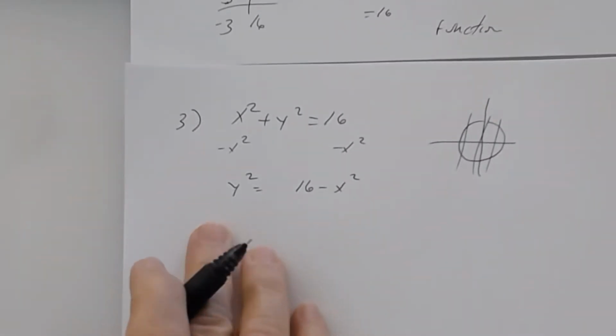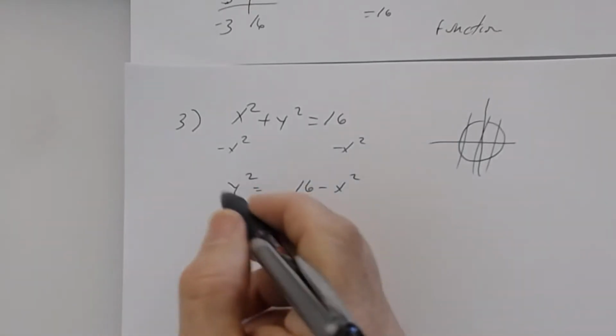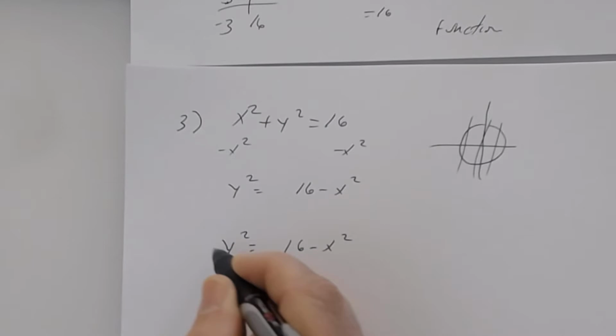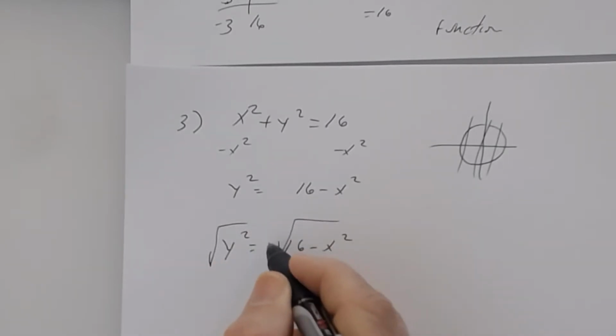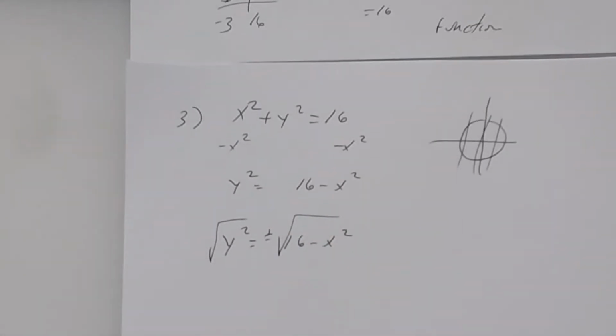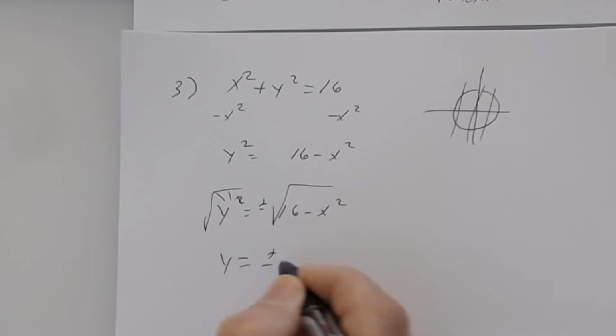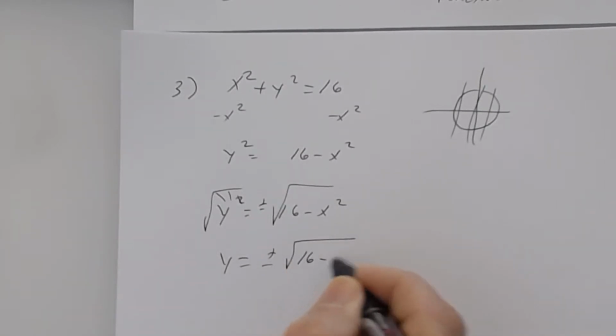Now how do I get y by itself? Square root. You take the square root of both sides. Remember, when you take the square root of both sides, what else must you put? Plus or minus. Good. So that means that y equals plus or minus the square root of 16 minus x squared.